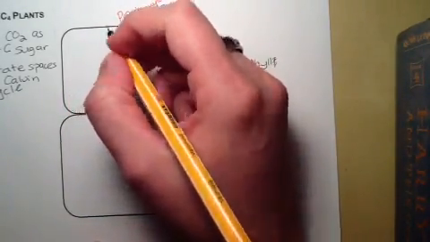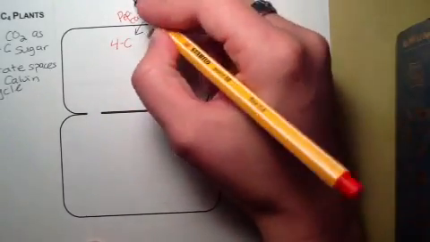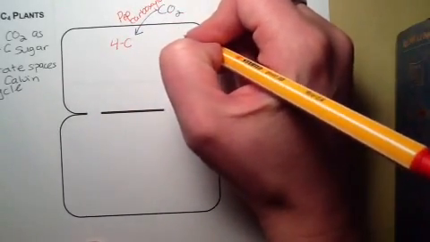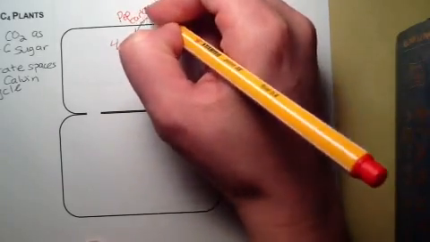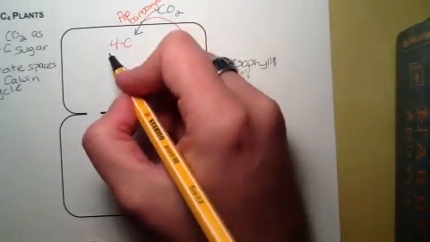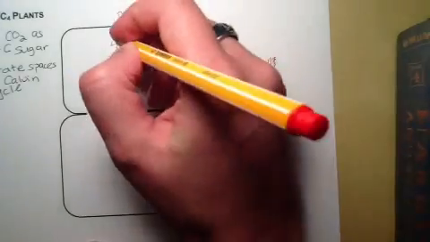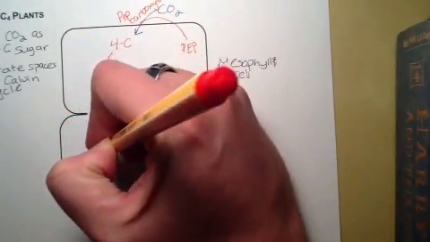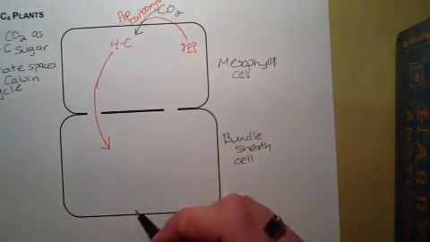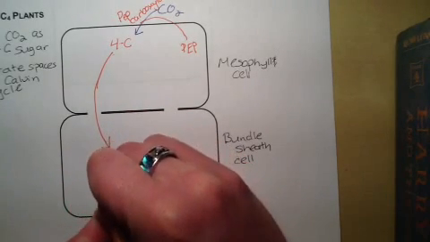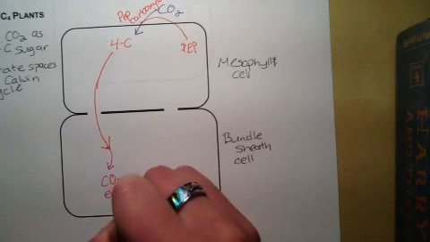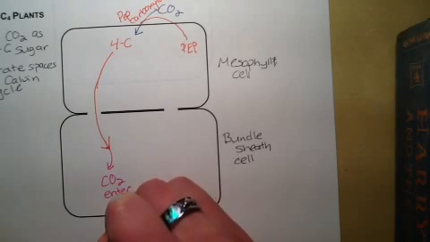The way it does that is PEP carboxylase uses, you probably guessed it, PEP, to combine with CO2 to form a 4-carbon sugar. And then that 4-carbon sugar will go into a bundle sheath cell, where at this point it gets split back into carbon dioxide to go into the Calvin cycle.